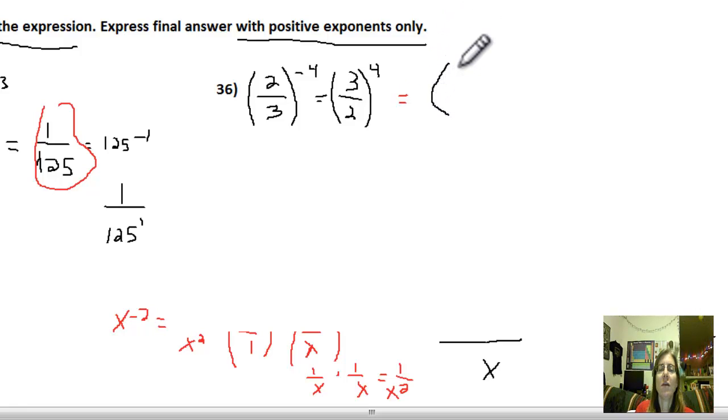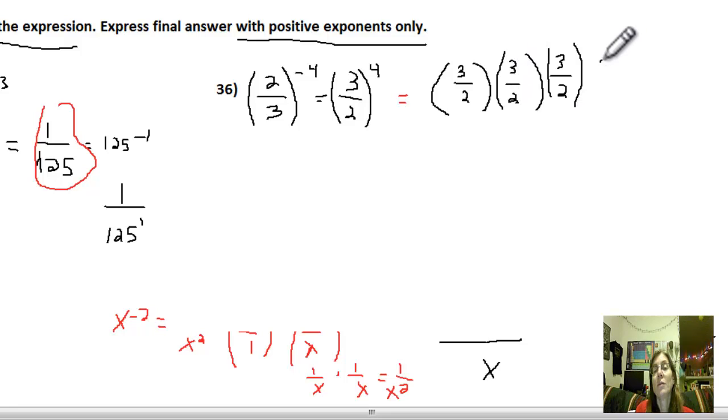That is like saying 3 halves times 3 halves times 3 halves times 3 halves, which equals 3 times 3 times 3 times 3, that's 3 to the 4th power, over 2 times 2 times 2 times 2, 2 to the 4th power.